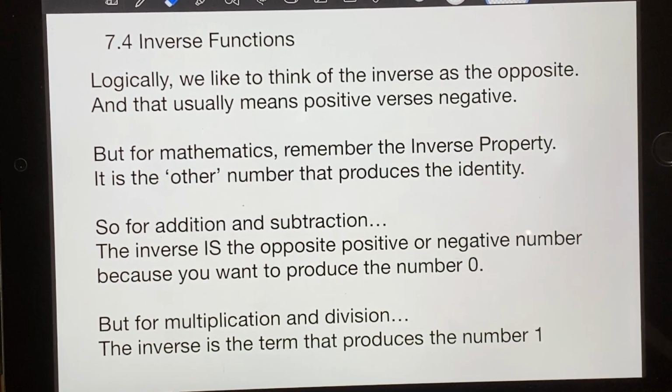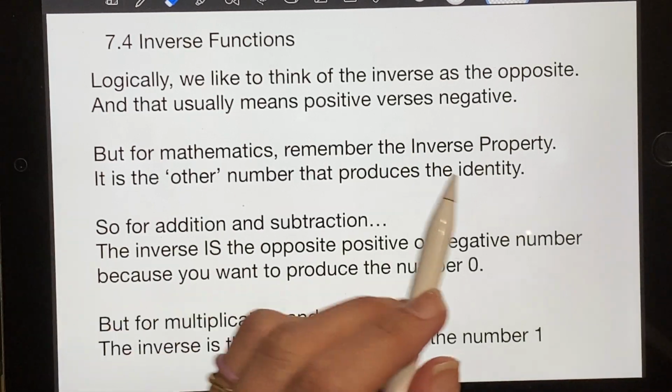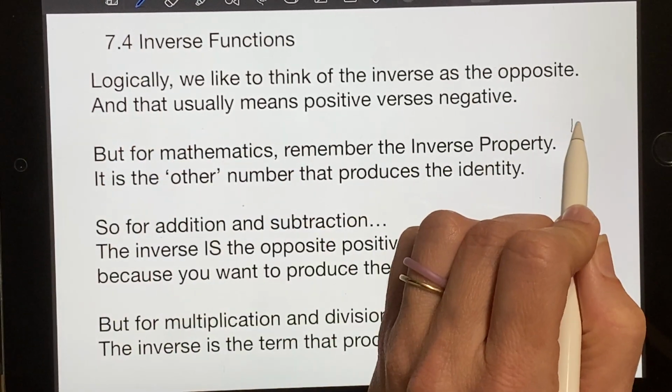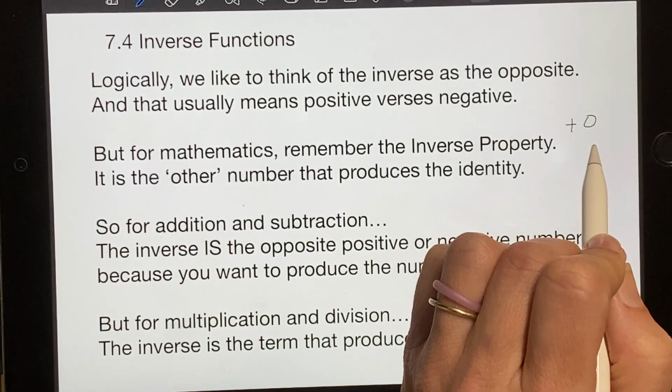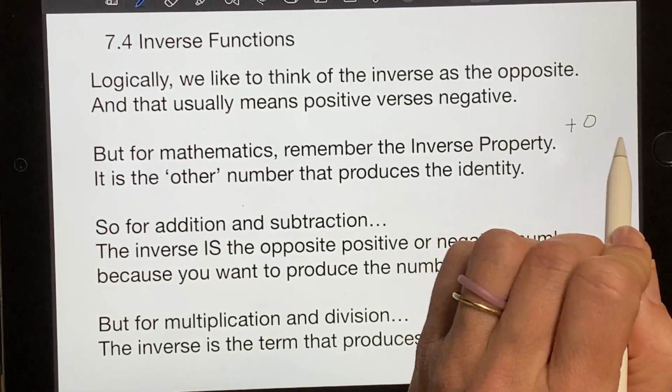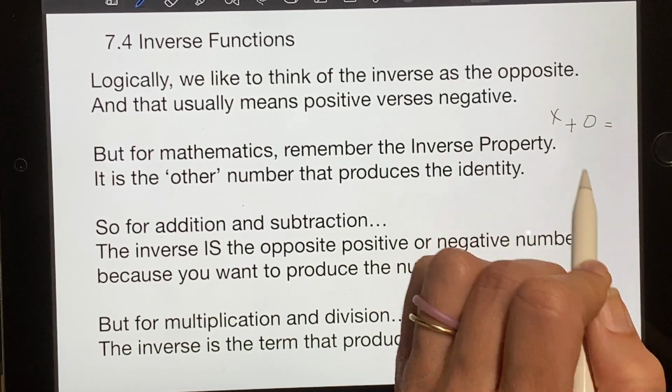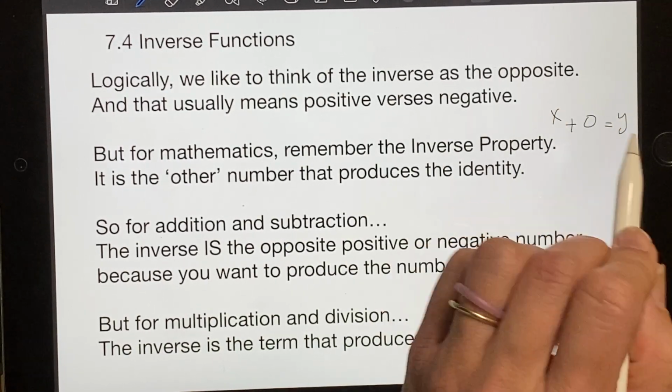That was the whole point that we learned back at the very beginning of Algebra 2 when we were going back over that, is that when we are having addition, and if we are adding the identity of 0, then it doesn't change it. So we get back what we started. If x is on one side, we're going to get it back.